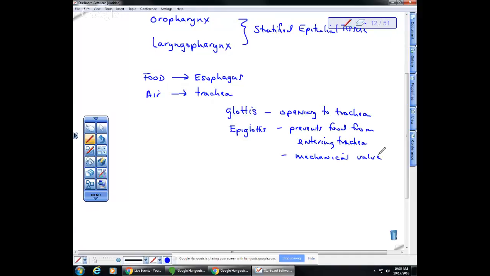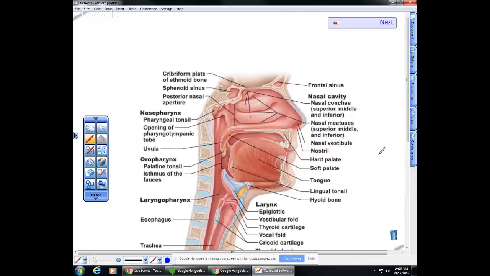So this is why we chew our food and we swallow it in big bulks of pieces in what are called boluses, rather than just taking in our food and inhaling our food, right, which would not shut that mechanical valve. So if we look at the diagram, okay, this is the epiglottis, and it is actually made of hyaline cartilage.